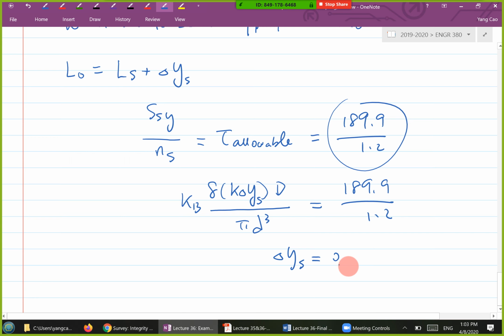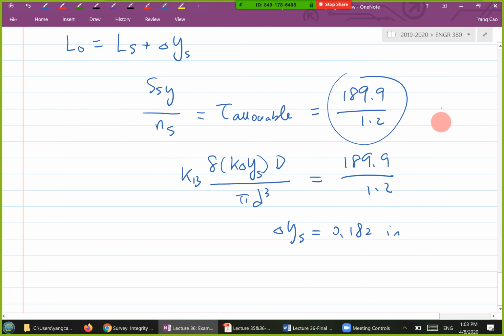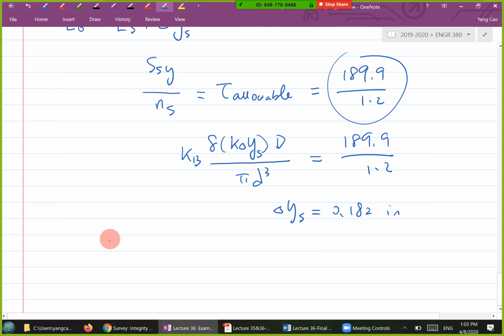And that turned out to be 0.182 inch. Right. So finally, your free length should be LS plus delta YS, 0.422 inch. Essentially that is your maximum free length.